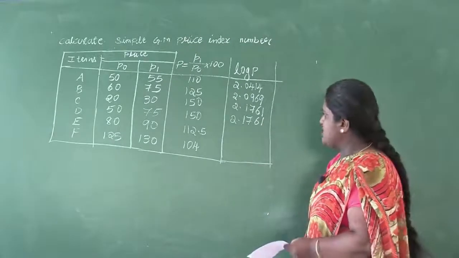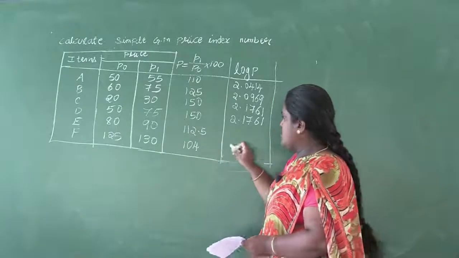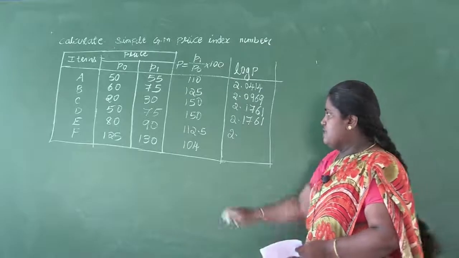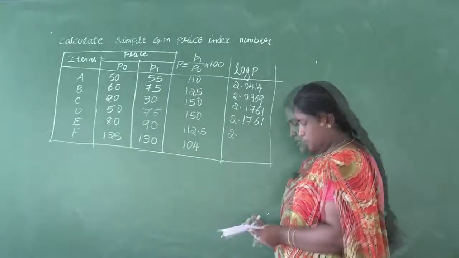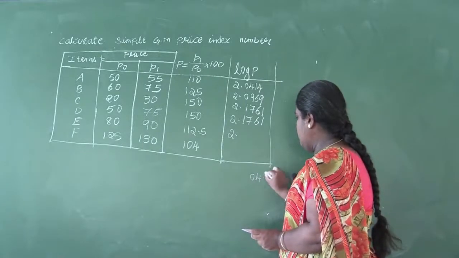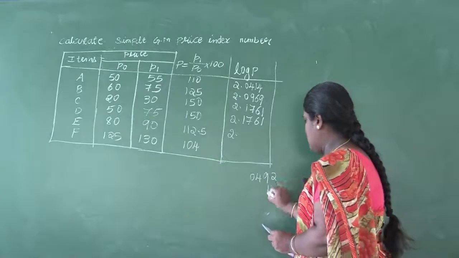Next value will be same, since we have the same P value 150. So 2.1761. The next 112.5 is a 3-digit number, so 3 minus 1 it is 2 point. Then we have to see the value for 11 under 2. So 11 under 2 is 0492, and mean difference 5 is 19.